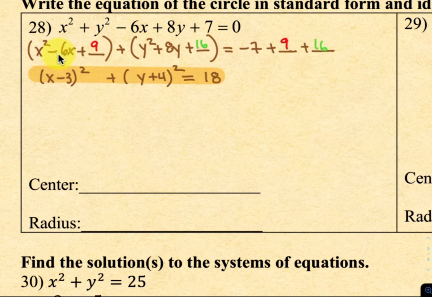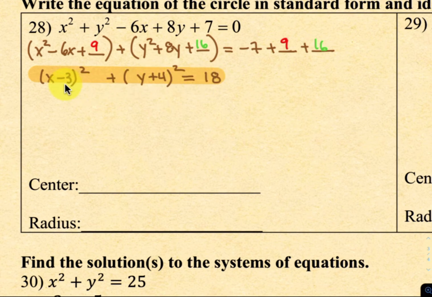Next we will factor the x group. That would factor into (x − 3)². We would factor the y group. That becomes (y + 4)². And then if we add −7 + 9 + 16, we get 18.